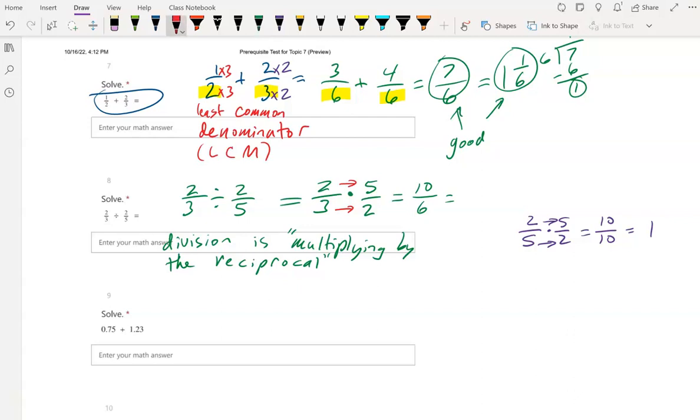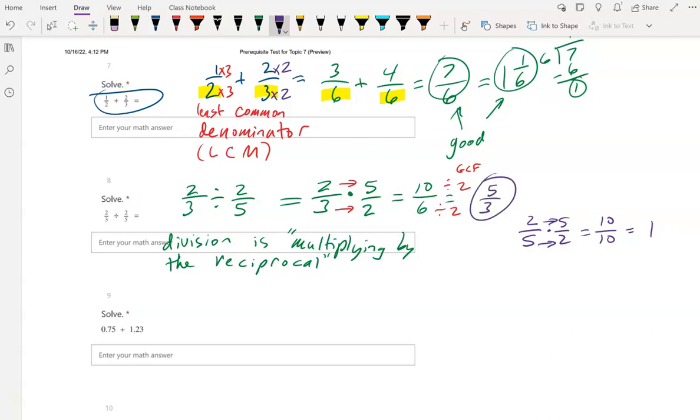We can divide by the greatest common factor, the number that will go into 10 and 6. What's a number that will go into 10 and 6? 2. 2 is the largest number that we can divide into 10 and 6. And so our answer ends up being 5 over 3.